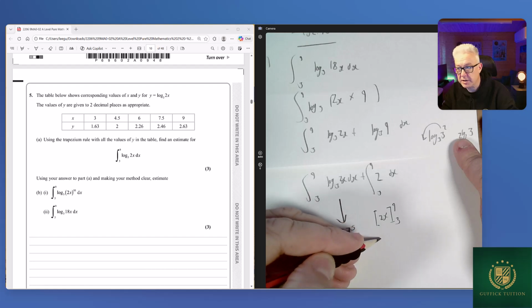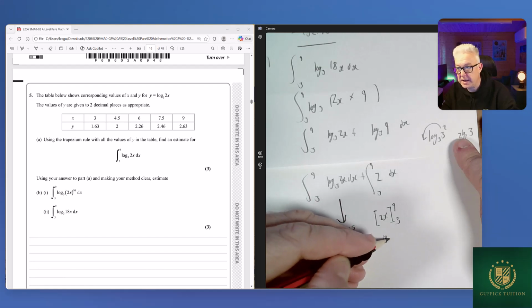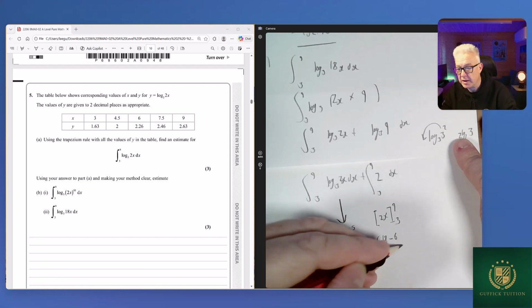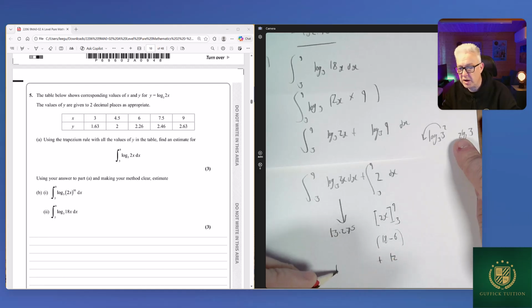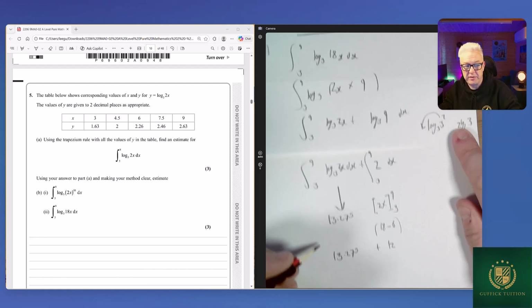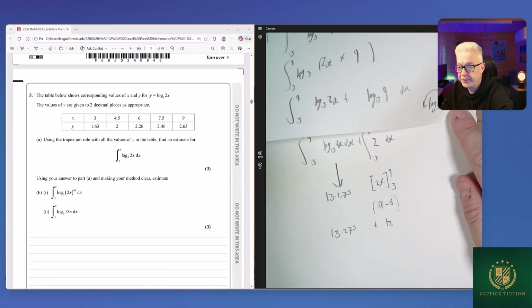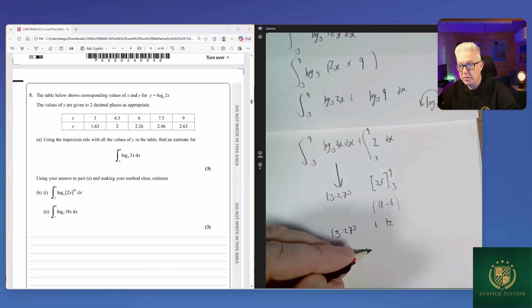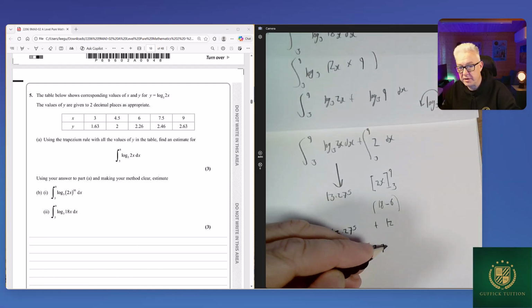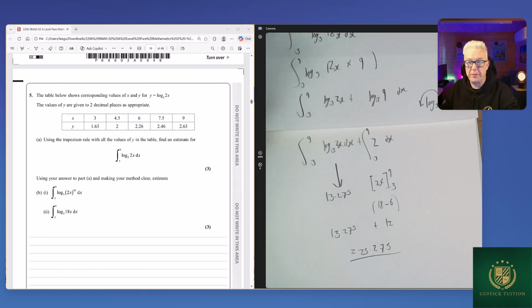So that's going to turn out to be 18 take away 6. So the answer there is going to be 12. So we're going to have 12 add 13.275. So therefore our answer is going to be 25.275. So 25.275 is our answer for that one.